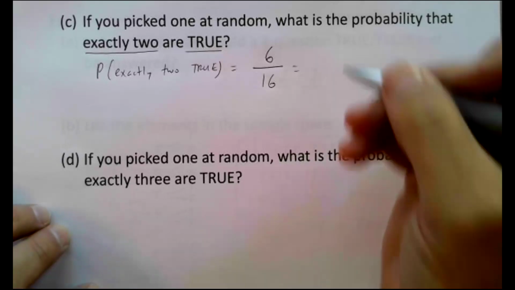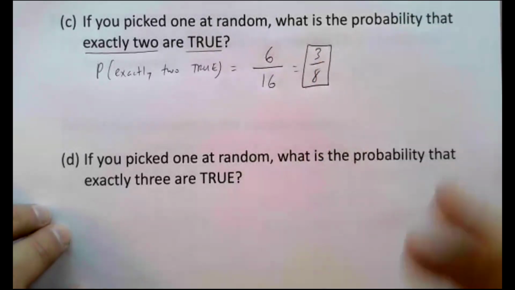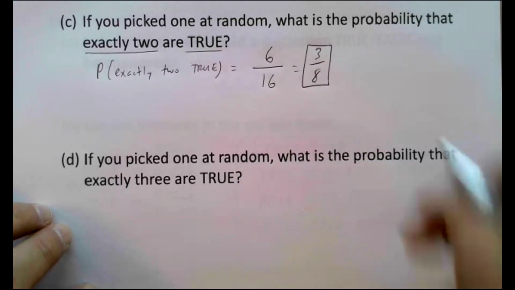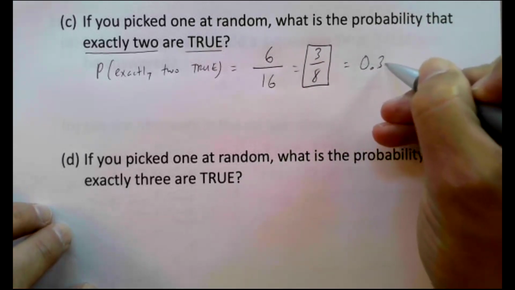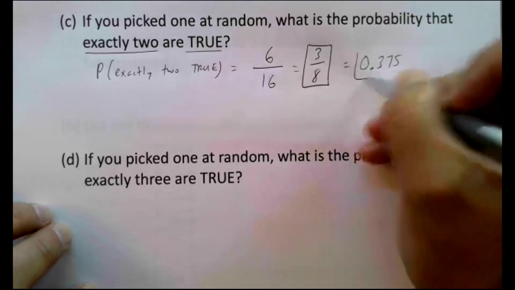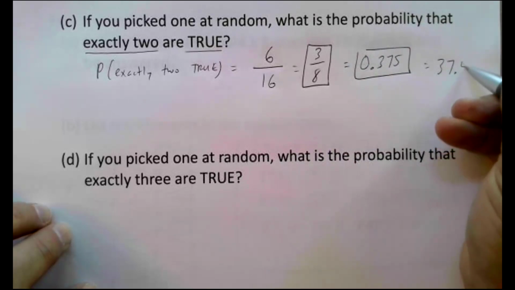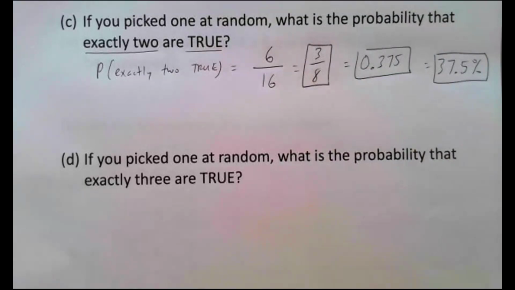Top and bottom are both divisible by 2, and that would get me to 3/8. So 3/8 is a good acceptable answer. 6 over 16 is not reduced. I think we actually just did 3/8 in the last problem. You might remember if you take 3 divided by 8, that becomes 0.375. If you move the decimal twice to the right, that becomes 37.5%. So any of those 3 would be good answers.